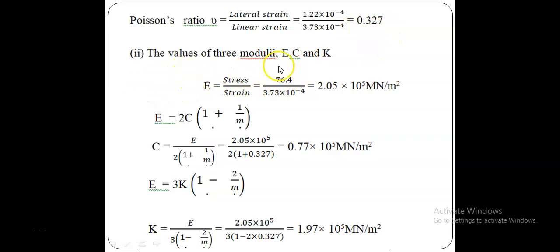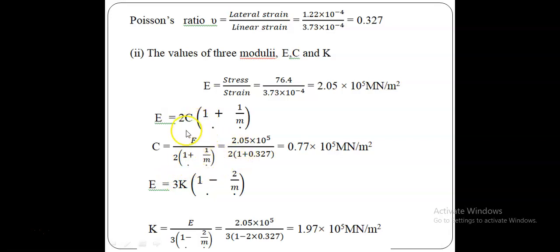Then next, the values of the 3 moduli E, C and K. E can be found using the relationship stress by strain. We know the stress, and we have already calculated the strain. Then E is equal to 2C into 1 plus nu, or 1 plus 1 by m.